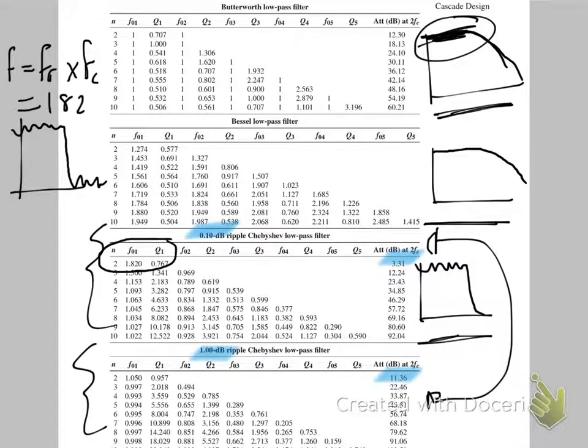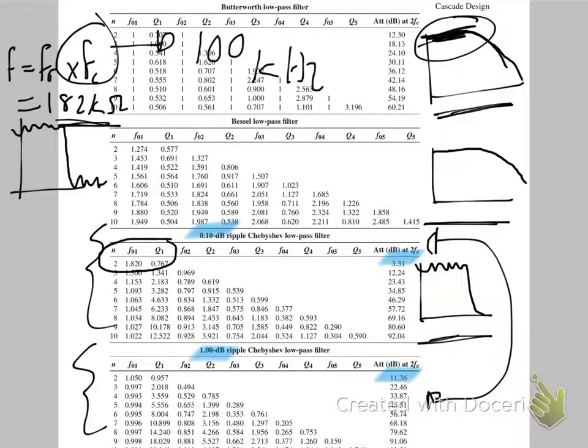So you are going to be designing for 182 kilohertz, but when you simulate this amplifier, it's going to have its cutoff at 100 kilohertz. This is just how your amplifiers work when you're using the table. You design for this frequency, but your output is going to be the 100 kilohertz that we wanted to design for.